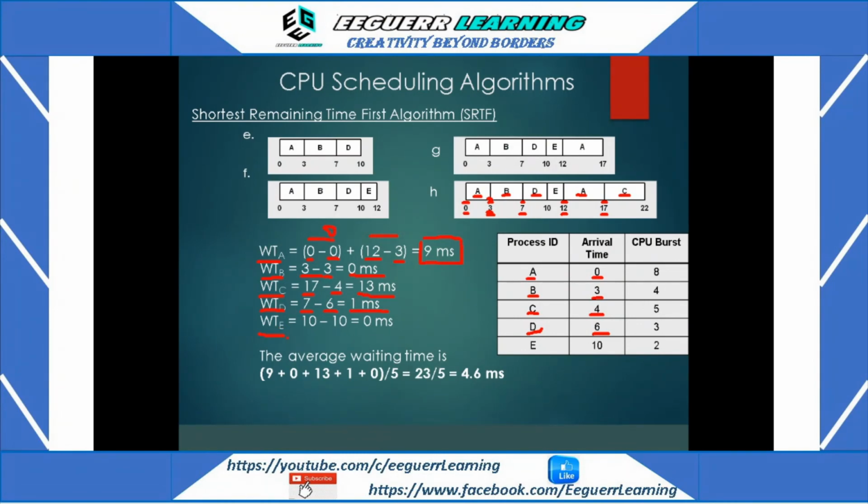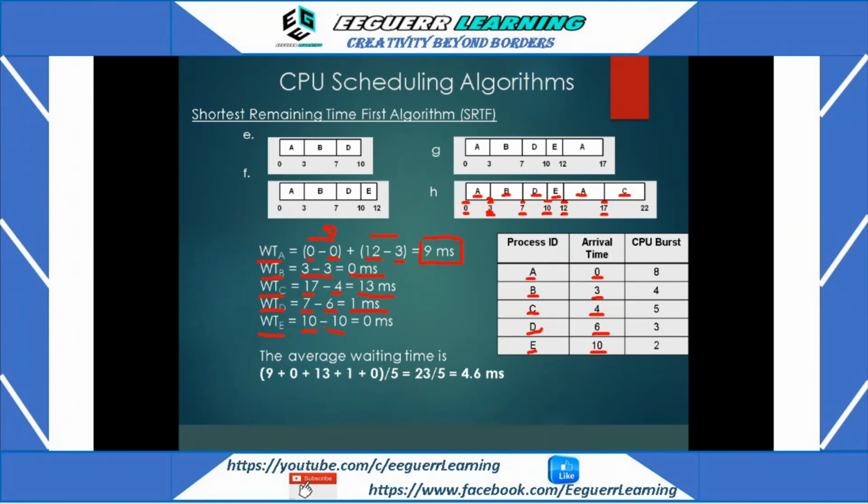Continue for the last waiting time, for process E. Look for process E in our Gantt chart, the tail part of letter E, and the value of that is 10. Place it here, then look at process E in our table and get the arrival time of 10.